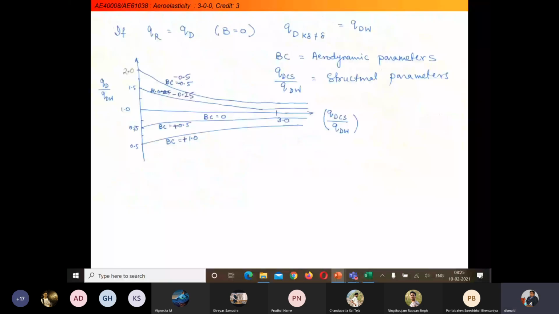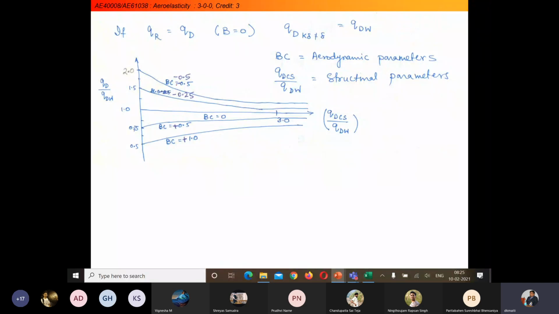And now I'm just showing it. If we take different values of BC and values of QD control surface and QD wing, we can find out QD by QD wing.